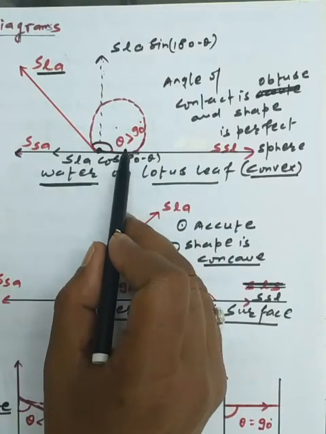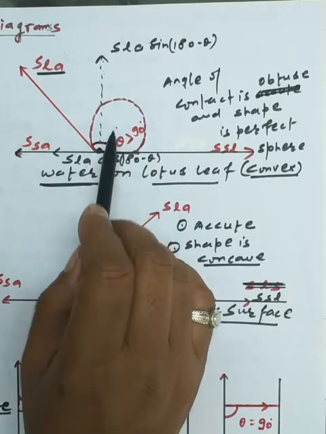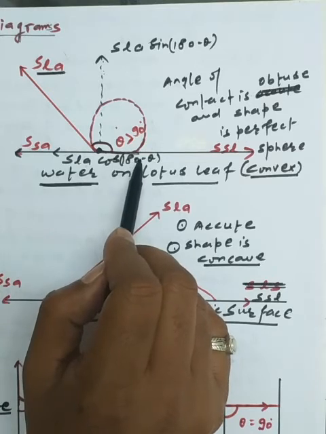Now here we can see the magnitude of the cohesive force in the water droplet is quite high, so that's why it does not wet the leaf of the lotus.